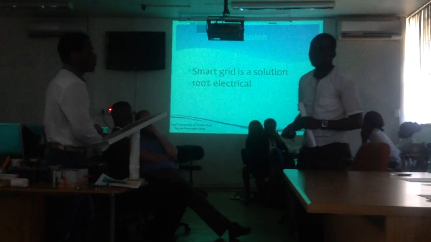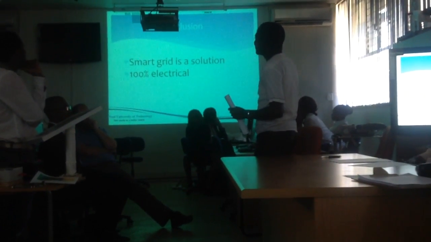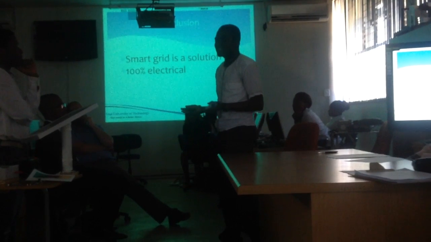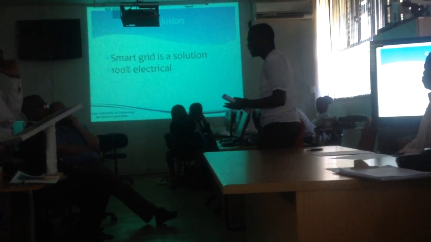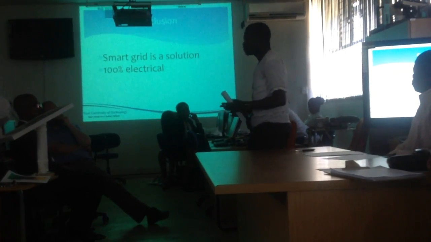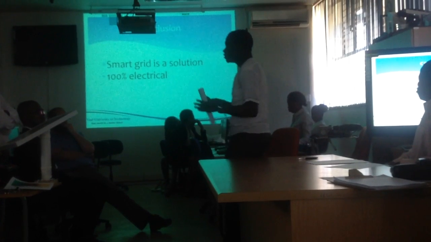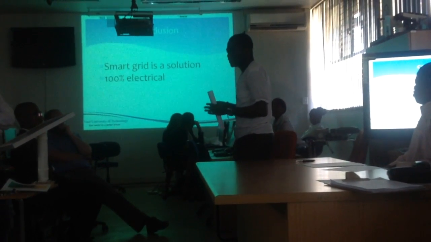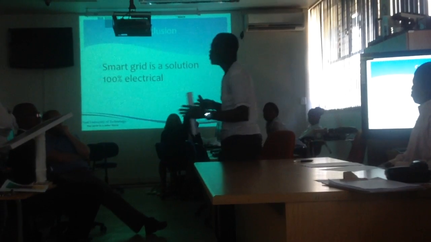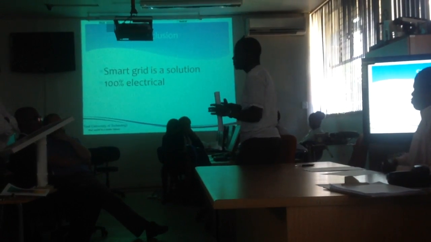Coming to the conclusion, the smart grid is a solution. You can all see that this is the solution of a reliable connection. Because we came up with a green connection, we will no longer experience load shedding or power supply problems.